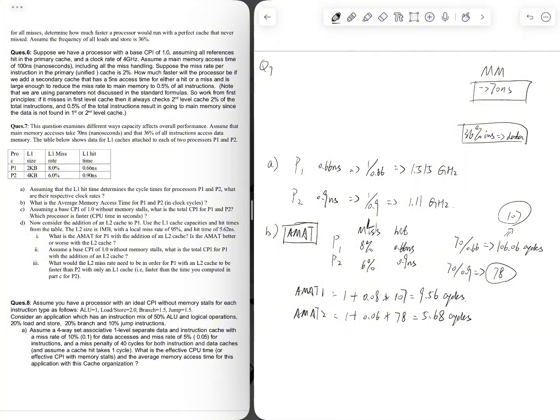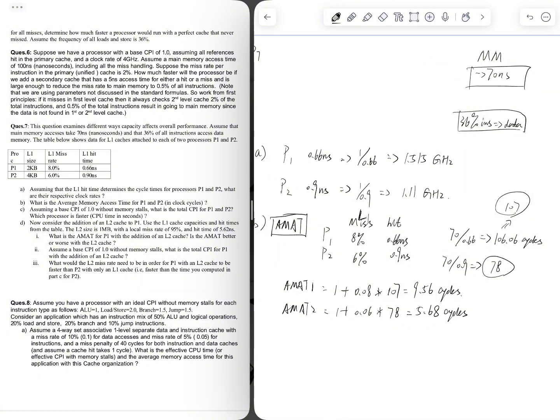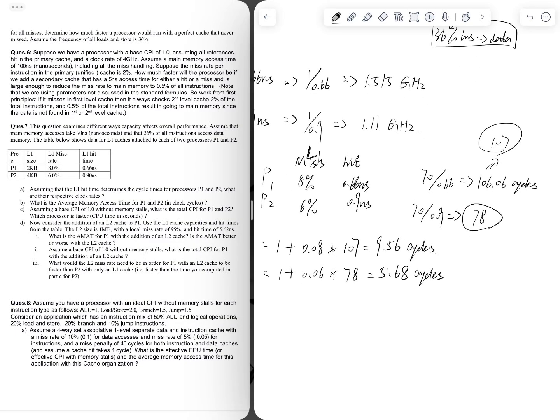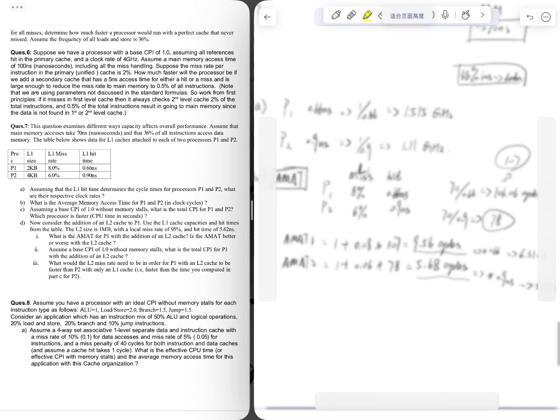Okay, so if you want to say it in nanoseconds, we can change it by multiplying by our clock cycle time: here 0.9, and here we'll multiply by 0.66. So it will give us like 5.11 nanoseconds, and here like 6.31 nanoseconds, right?